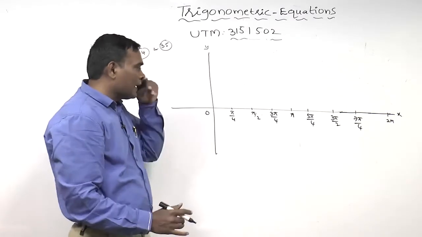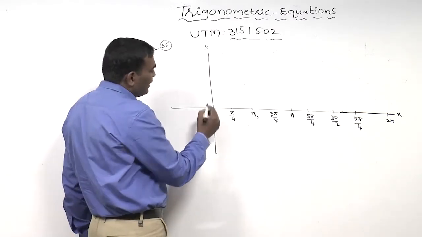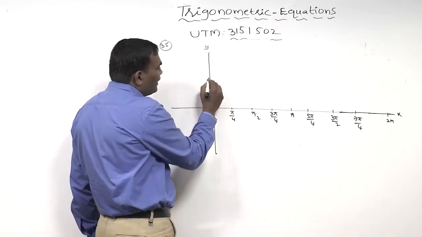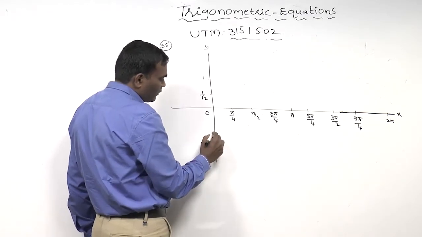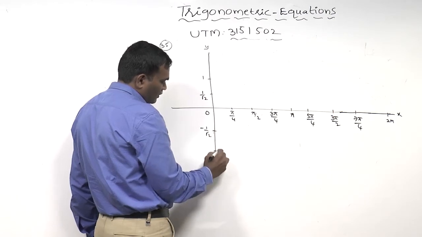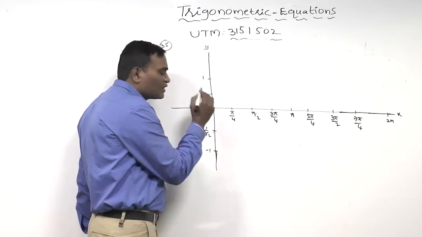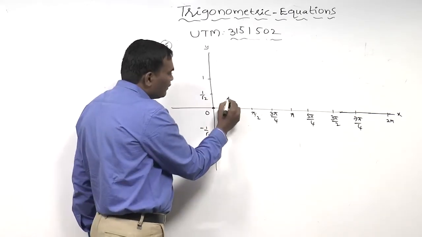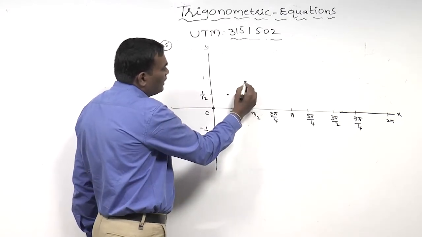Okay. Now, draw the graph of y is equal to sin x. Here, you take 1 by root 2. Here, I am taking 1. Here, you consider minus 1 by root 2. Here, minus 1. Sin 0 is 0. Sin pi by 4 is 1 by root 2. Sin pi by 2 is 1.